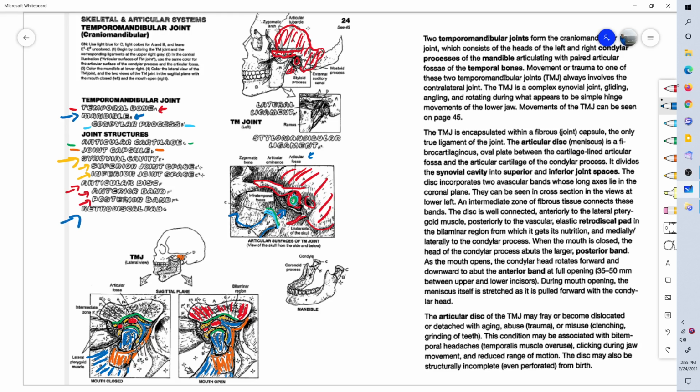The articular disc is connected to the lateral pterygoid muscles. It's one of your jaw muscles here.